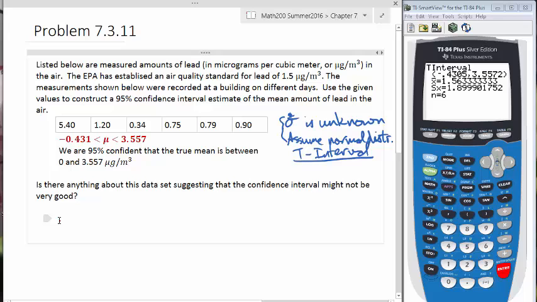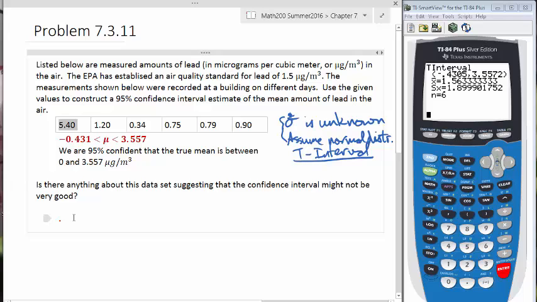This particular problem has another part to it, and it's asking us, is there anything about this data that suggests that the confidence interval might not be very good? So we went negative on this confidence interval, but I don't think that's what they're referring to. If we look at the original set of data, we see that 4 out of the 6 numbers are less than 1. There's one that's a little bit bigger than 1, and then this first measurement is 5.4.